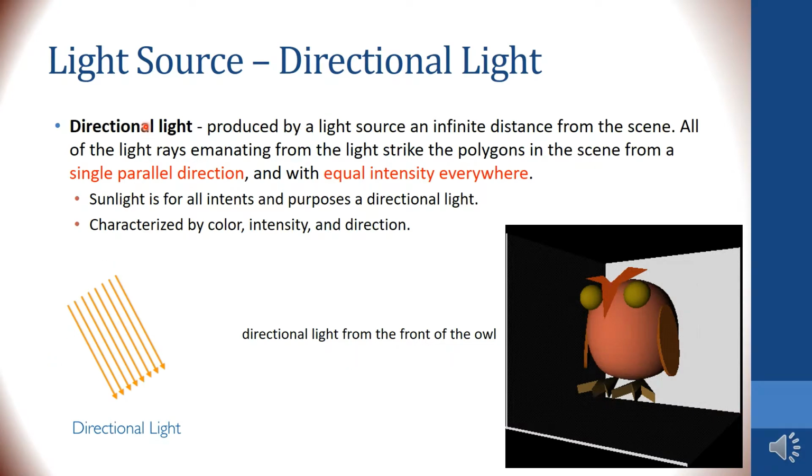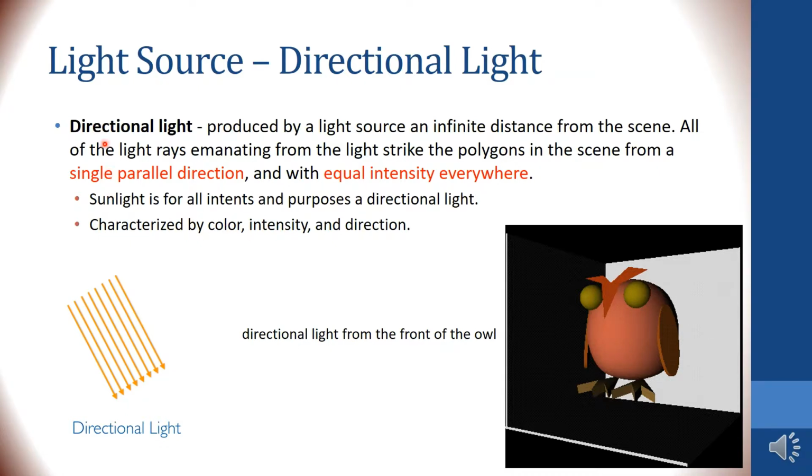Directional light is produced by a light source at an infinite distance from the scene. All of the light rays emanating from the light strike the polygons in the scene from a single parallel direction and with equal intensity everywhere. Sunlight is for all intents and purposes a directional light, characterized by color, intensity, and direction.